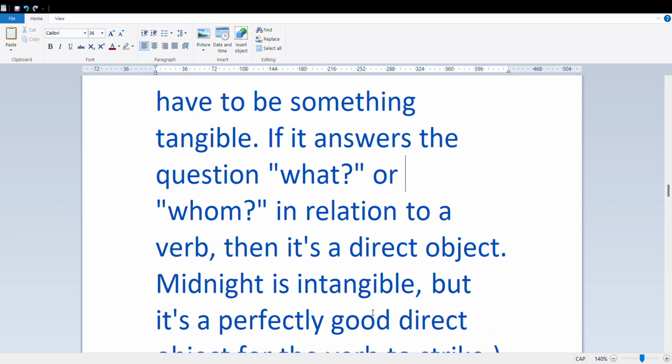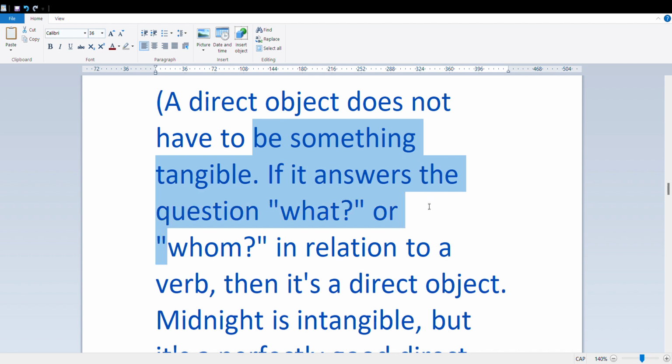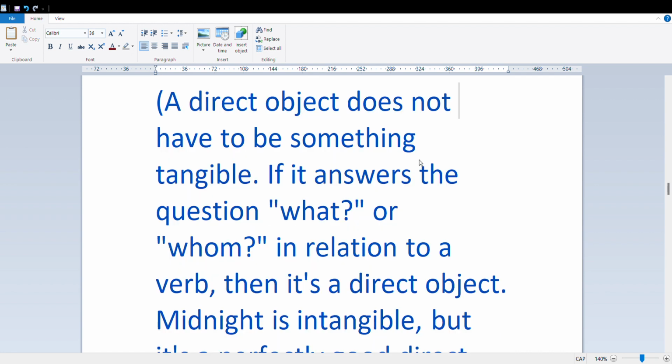Let's read this once again. A direct object does not have to be tangible. If it answers the question what or whom in relation to a verb, then it is a direct object.